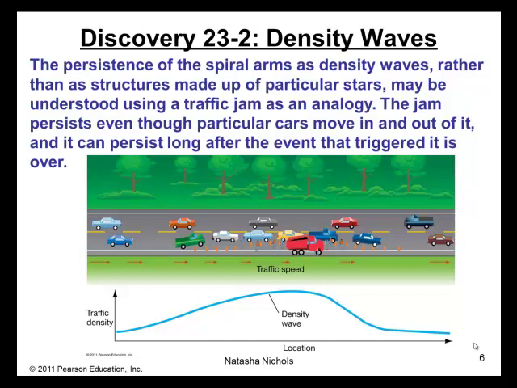The result is a moving region of high stellar and gas density involving different parts of the disk at different times. Notice also that just as in our galaxy, the wave moves more slowly than and independently of the overall traffic flow.